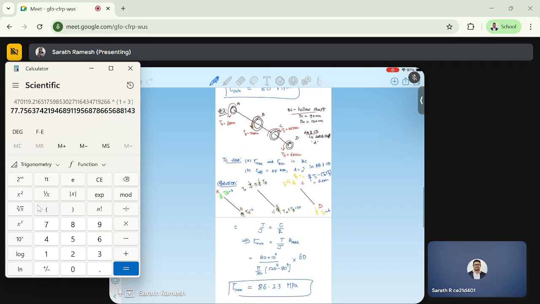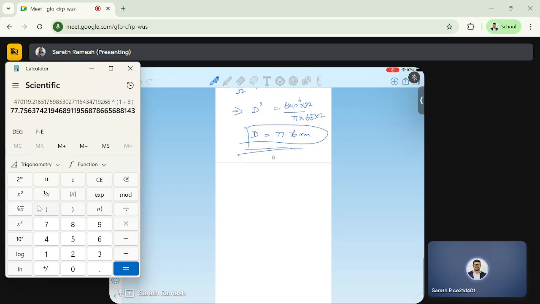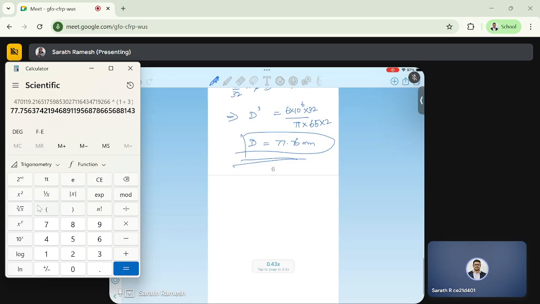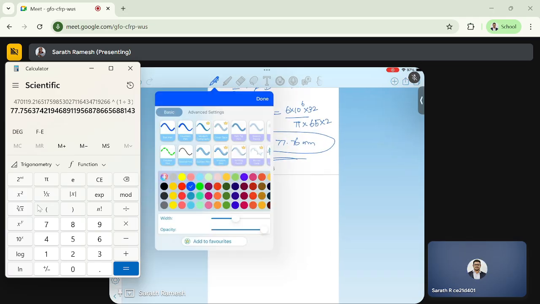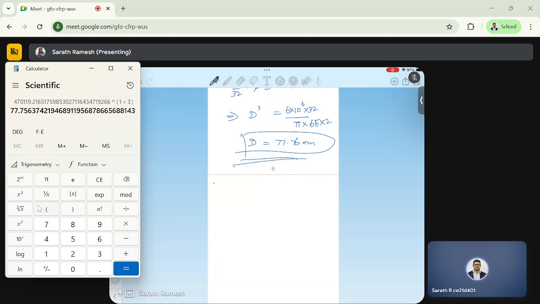Okay. Now moving on, let's move to the next problem. One of the problems very similar to your assignment. Problem number 3.